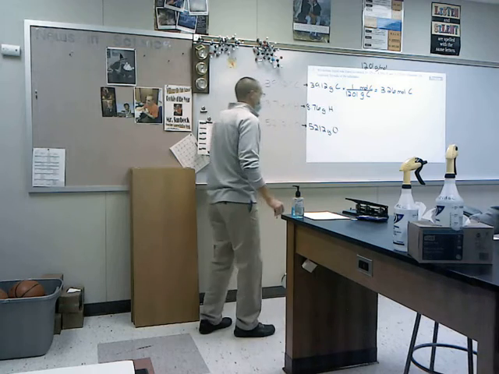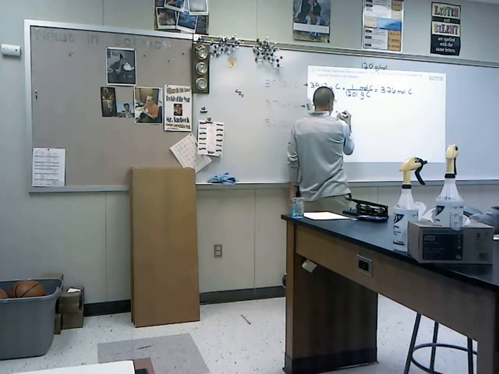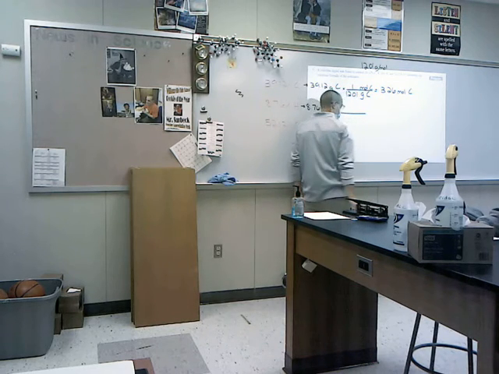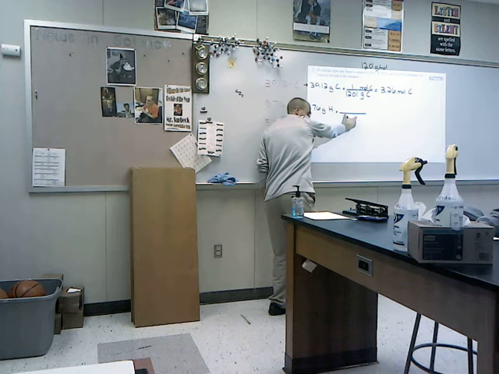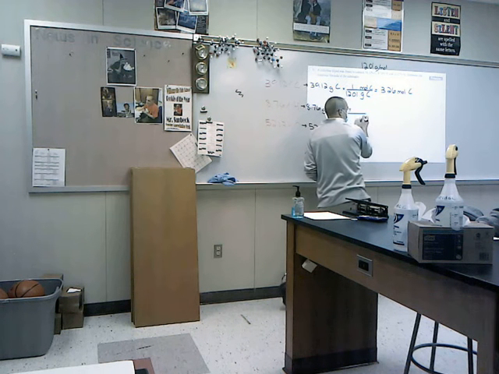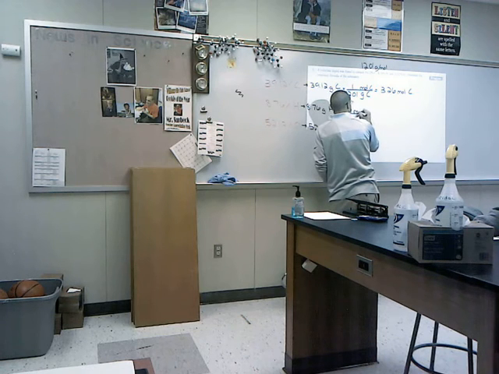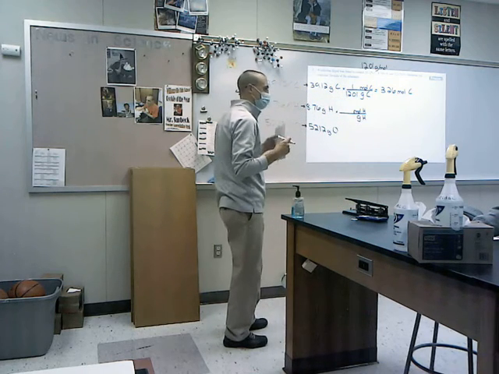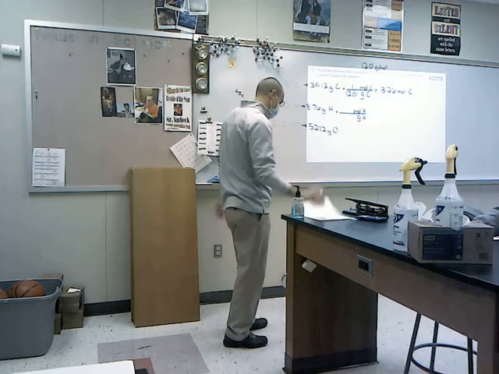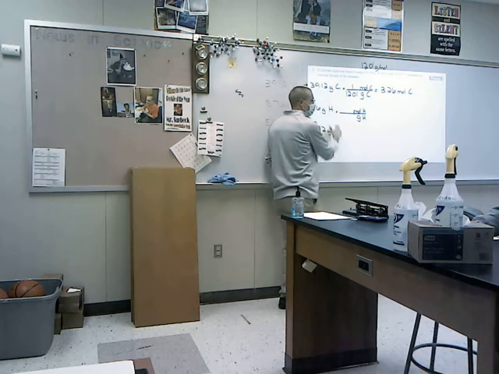Now, we're going to go through and we're going to do the same thing for hydrogen, but it's a different element. So that means the molar mass is going to be different. Again, I'm going to ask you what unit needs to cancel out on the bottom. Perfect. Grams of H. I told you when we want to go to moles of H, we look for that molar mass, or we find it on the average atomic mass. Now I'm weird and I want 3 decimals for hydrogen's molar mass.